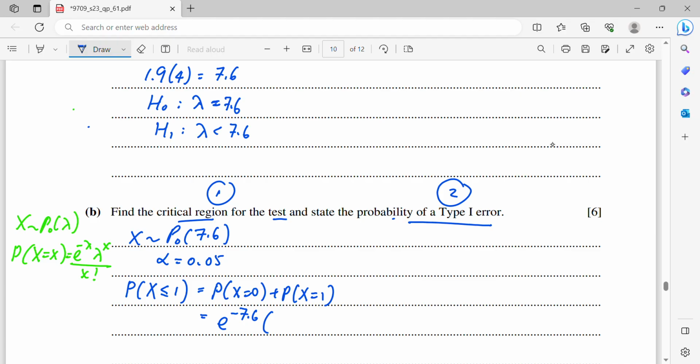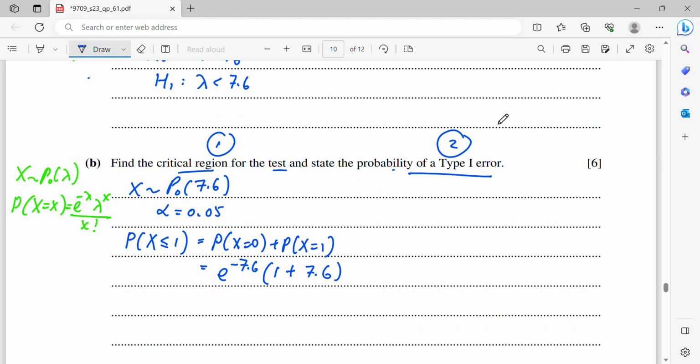When x equals 0 it will be 1, plus P(X = 1), which is 7.6, after you have factorized the exponential. Then when you calculate this value, it will be 0.00430. This is less than 0.05, which means you will reject the H0. This is in the critical region, but we need to find the maximum x value.